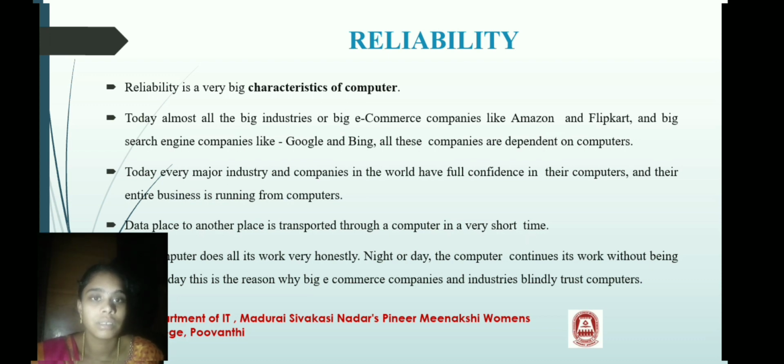They use the computer for transmitting data, because it takes very little time to transmit the data, and it works very honestly, without any shift, night or day. It works continuously without feeling tired. This is the main reason why big e-commerce companies trust computers.